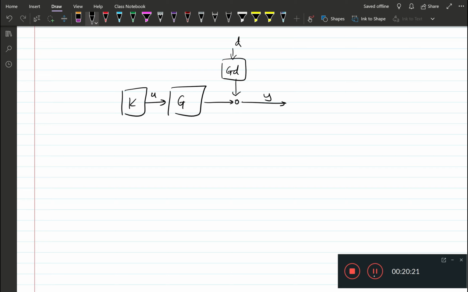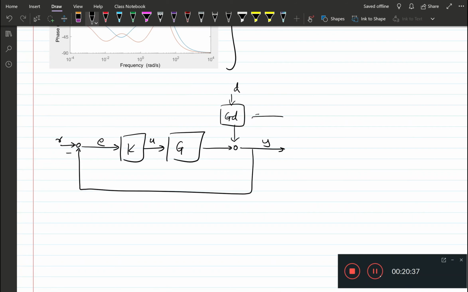Then we have Y. So now this GD is 100 over 10s plus 1, and that would mean if I have a step at D, the response would be something like this, and this signal, let's call it T1, that would converge very rapidly to 100.